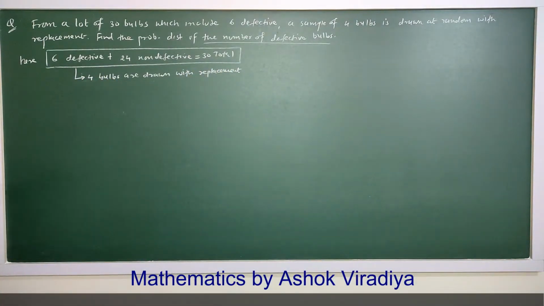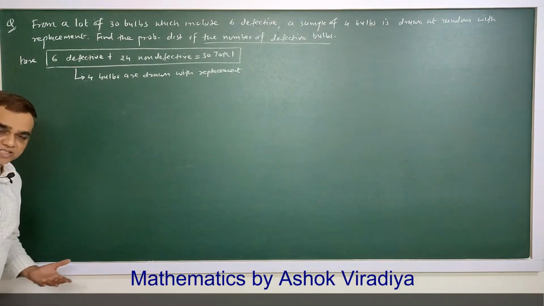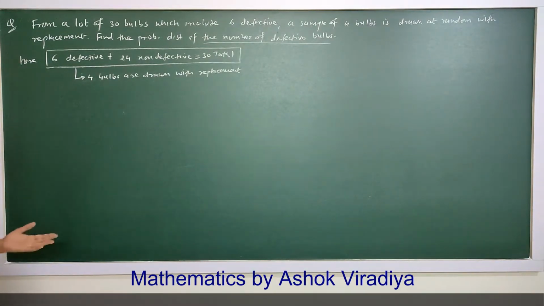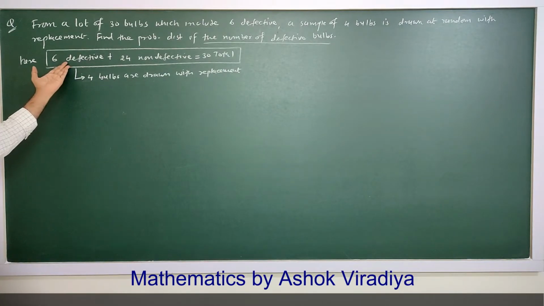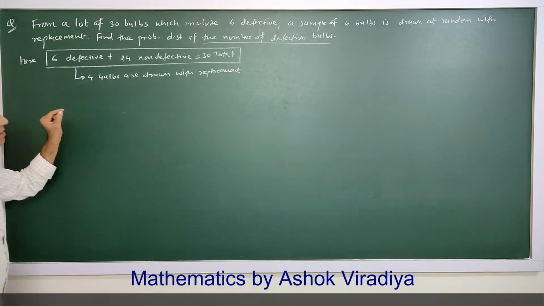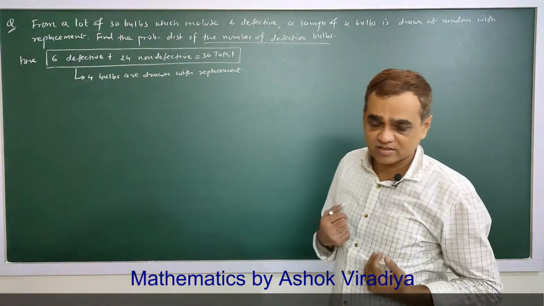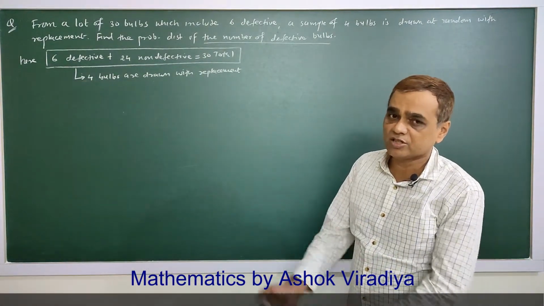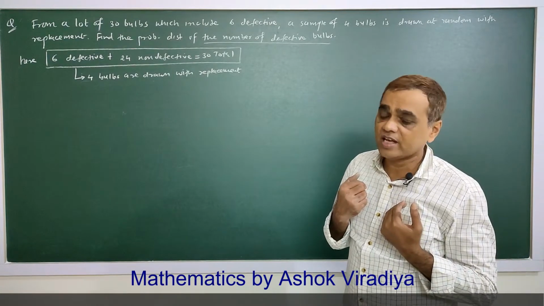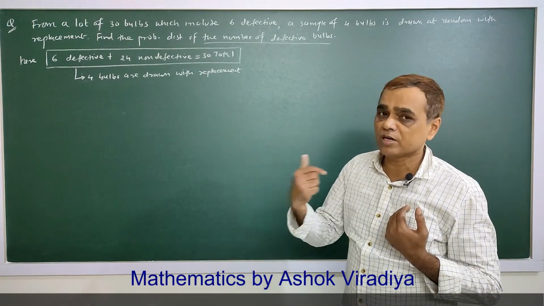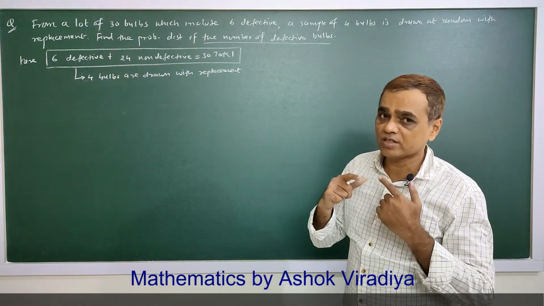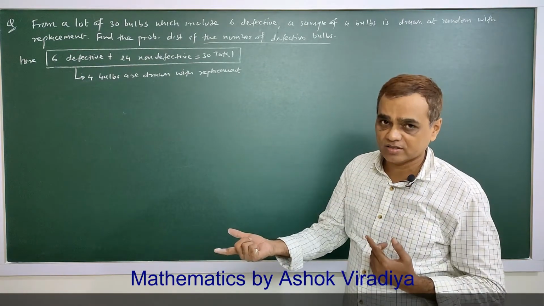So when 4 bulbs are drawn with replacement, these are the possibilities: all 4 can be defective. Here 4 bulbs are drawn with replacement, that means one by one. The first bulb is drawn, then before taking the second bulb, put the first one back in the box.